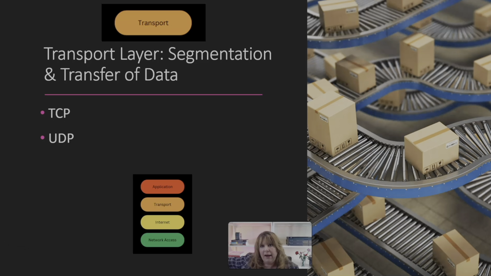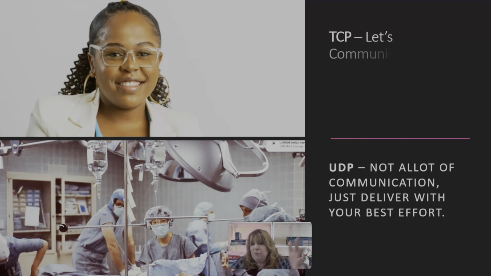If a packet gets there out of order, oh well. Or if one of the packets doesn't make it. There's no process for sending information back with UDP saying, send me another packet or keep these packets in order. No.